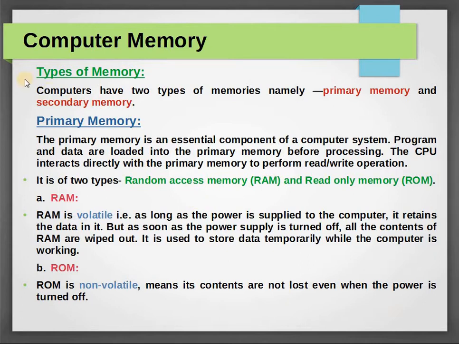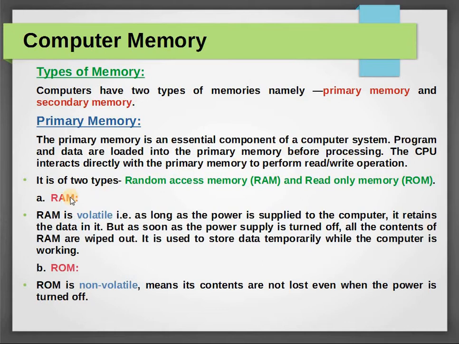Next is types of memory. So a computer has two types of memory, primary memory and secondary memory. We will discuss these types of memory one by one. First is primary memory. The primary memory is an essential component of computer systems. Programs and data are loaded into primary memory before processing.